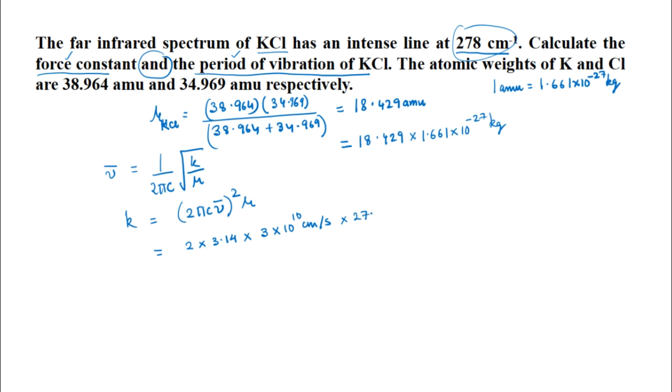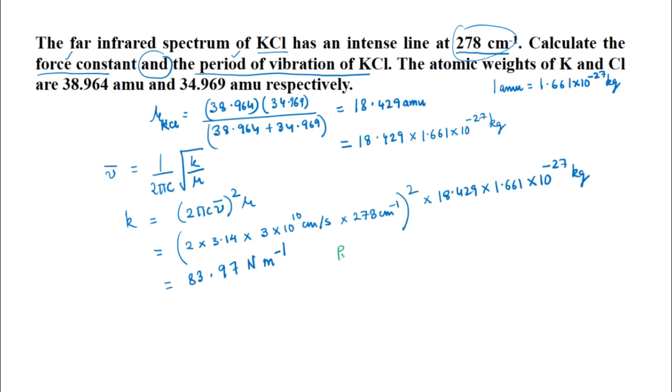We take the square of this entire thing times mu, and mu is 18.429 times 1.661 times 10 to the power minus 27 kg. If we do this math, what we get is 83.97 Newton per meter.